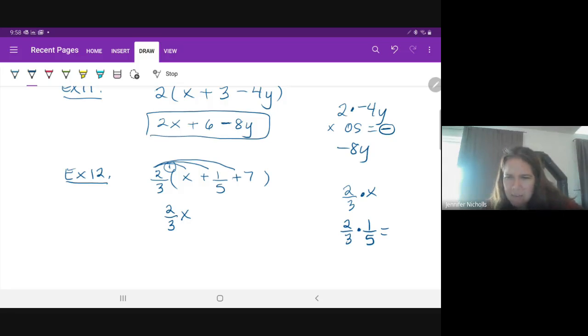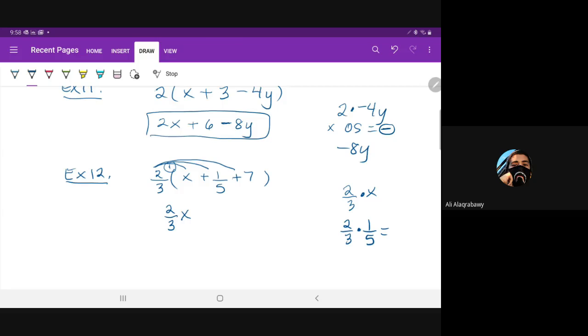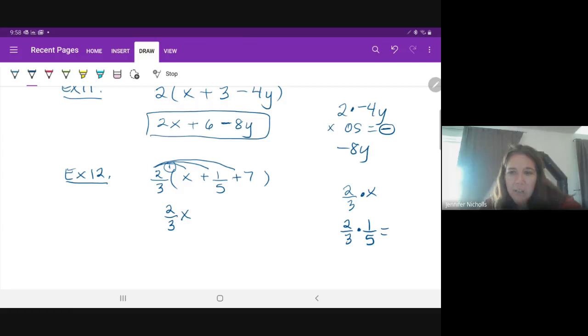Okay, Ali. So having the same denominator is for adding and subtracting. That's good though, we'll need that another day. For multiplying, multiply the numerator to the numerator and the denominator to the denominator.